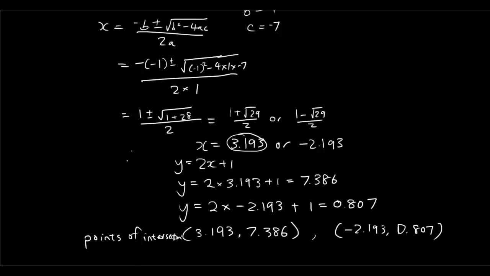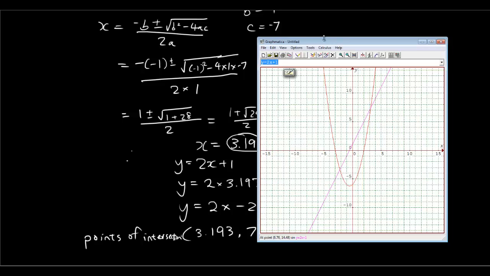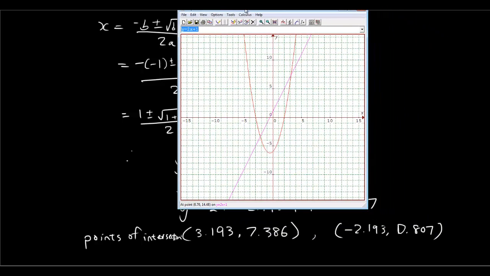And we're going to check that against our graph. So our first point is 3.193 and 7.386. So that's indeed our first point of intersection.